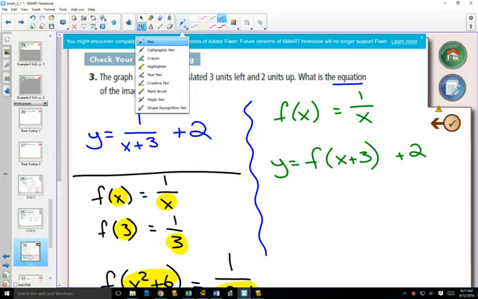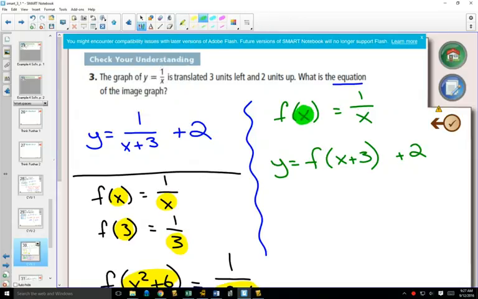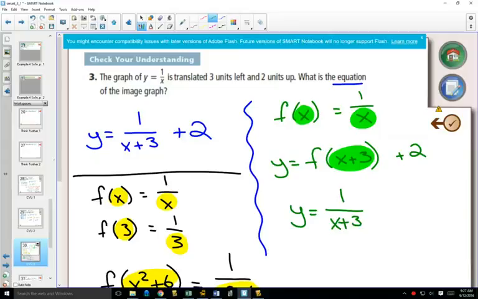We recognize that there's our x, and we're replacing our x with an x plus 3. So when we go to write our explicit equation, here's our function. Our function is getting the x replaced with an x plus 3. There would still be a plus 2 afterwards. And that allows us to use the function notation to write the explicit equation that we need.